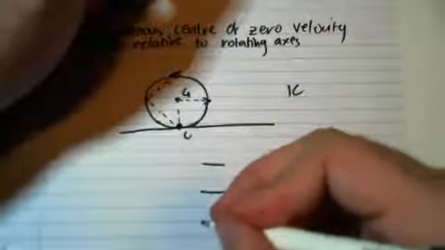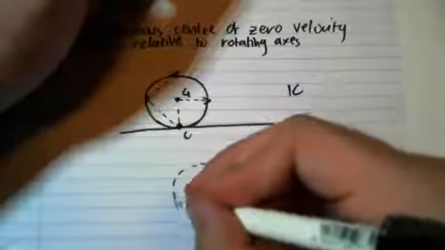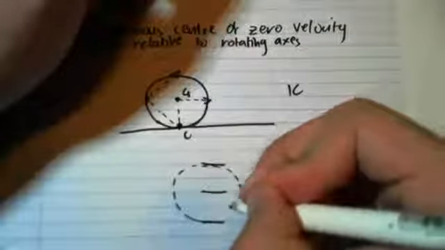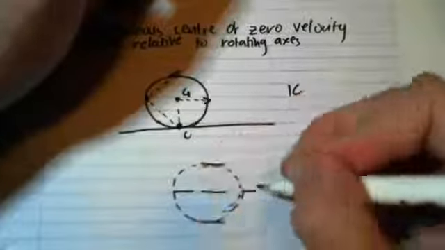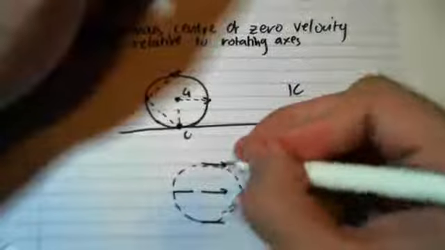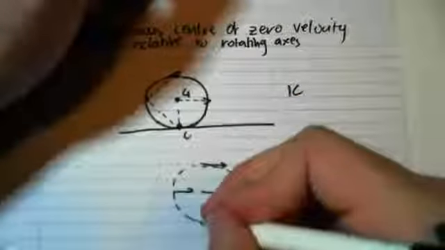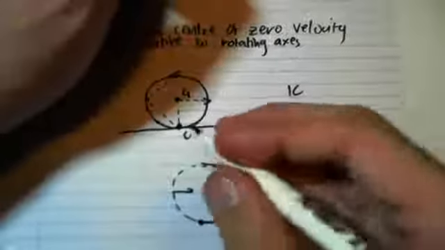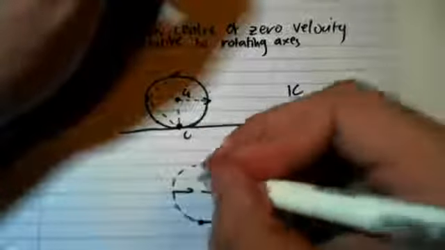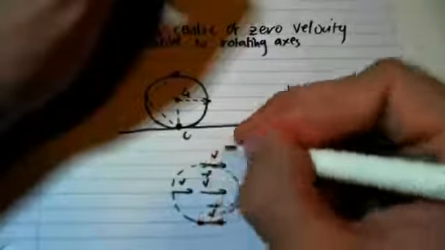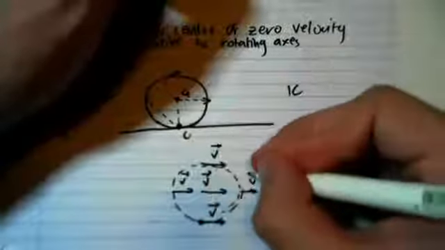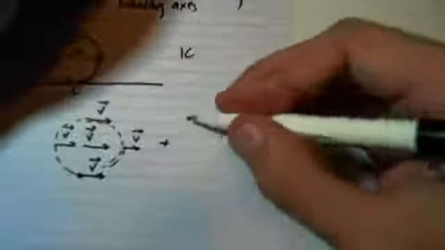at any point it has a combination of V everywhere, so it's traveling the same linearly everywhere, and it has a rotational component as well.